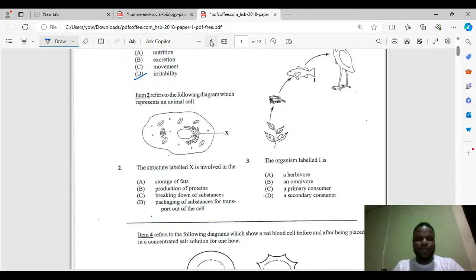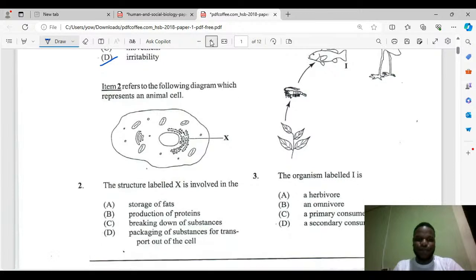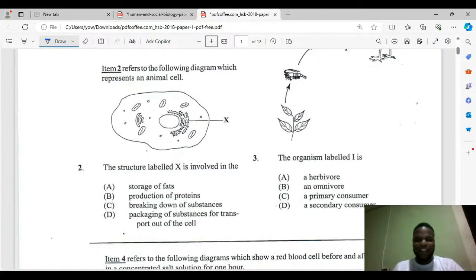Let me zoom in so you can see what's going on. So your answer is D, packaging substances for transporting out of the cell, or B, production of protein. Which one am I going with? B or D?